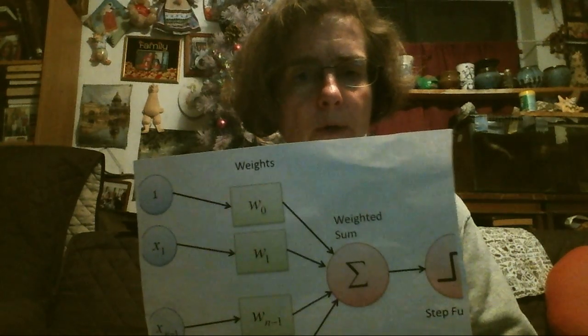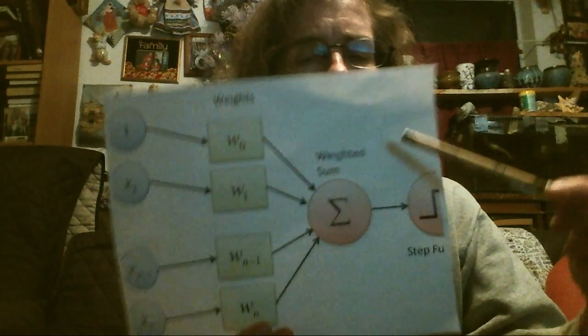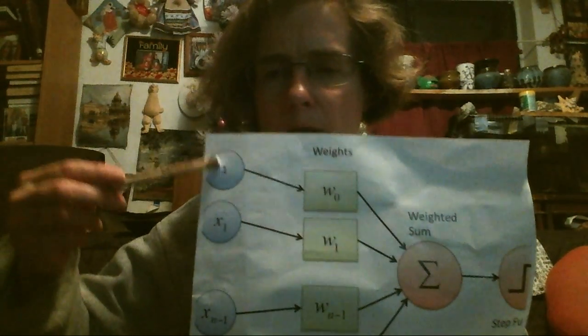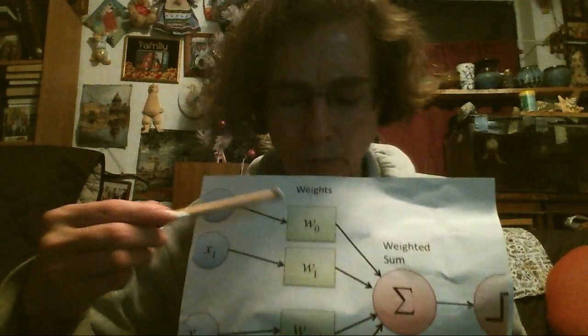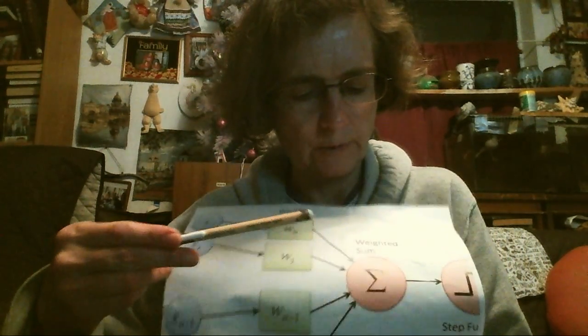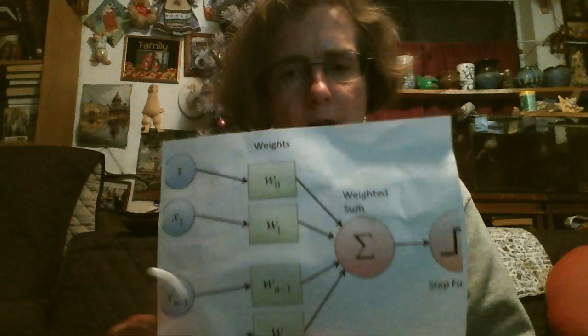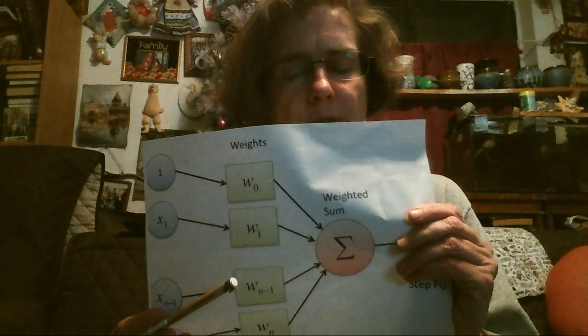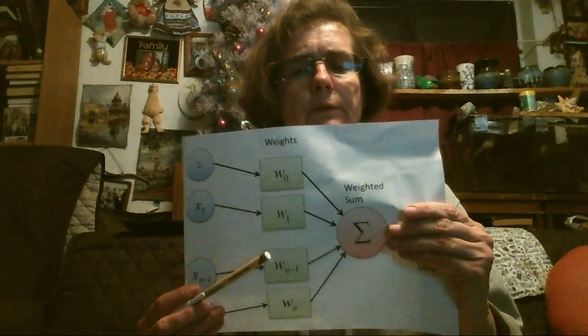We have input, we have our weights and bias, we have our weighted sum, and that is fed into our activation function.